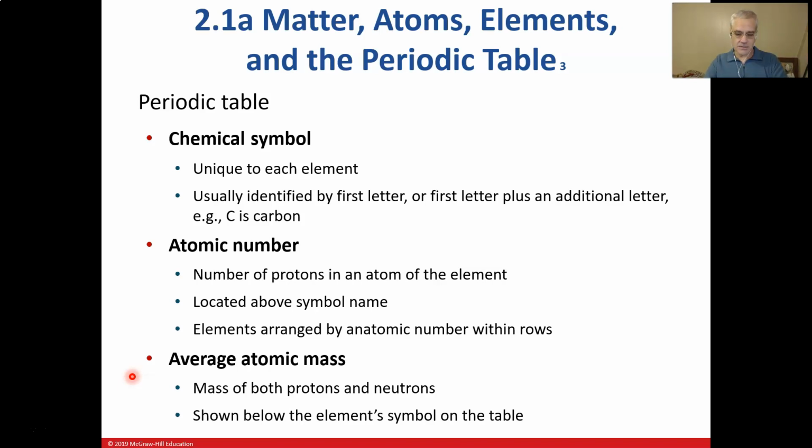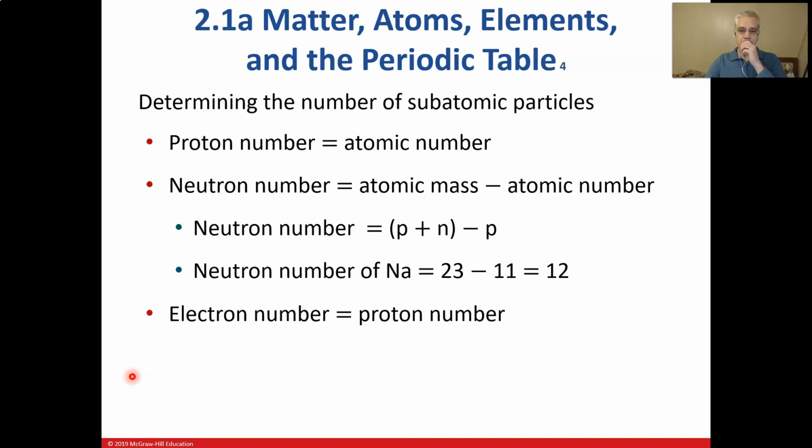And we're going to talk about some variations on a theme here. So here it is in summary, right? The proton number, the number of protons in the nucleus, is the atomic number. Always. What that tells you is that same atom has the same number of electrons flying around the outside.